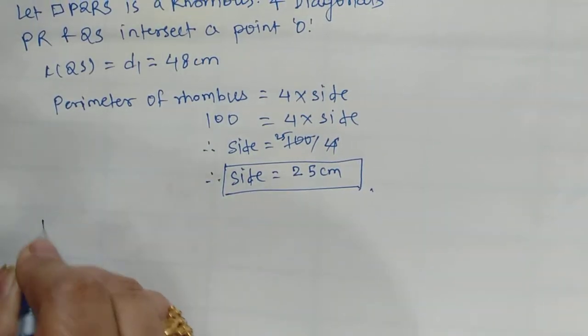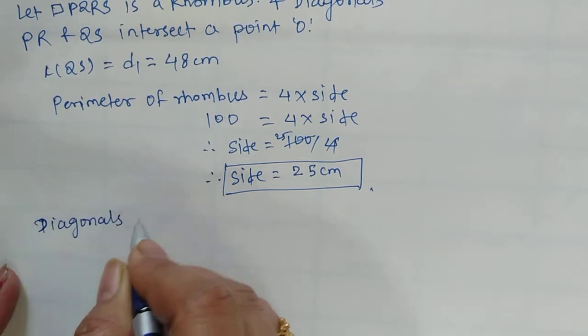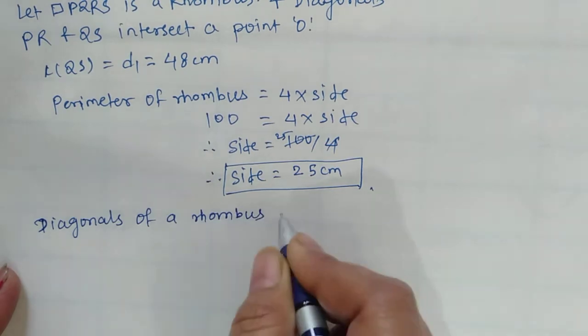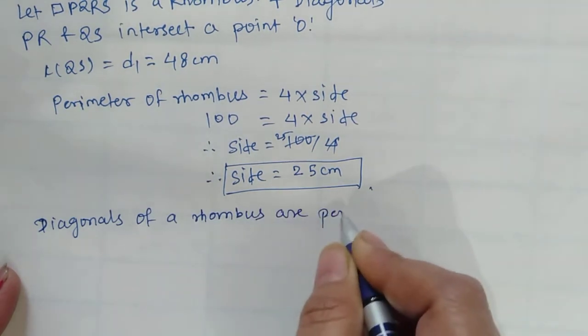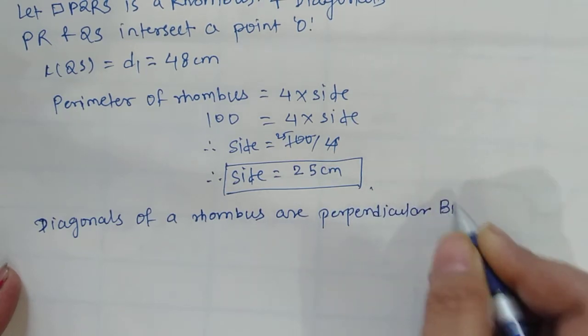So diagonals of a rhombus are perpendicular bisector.